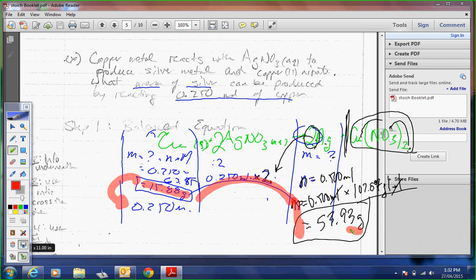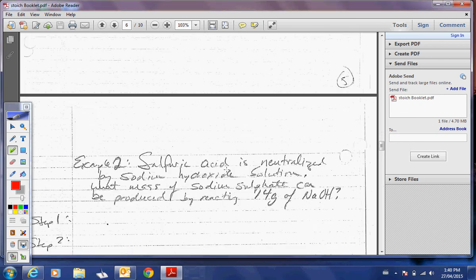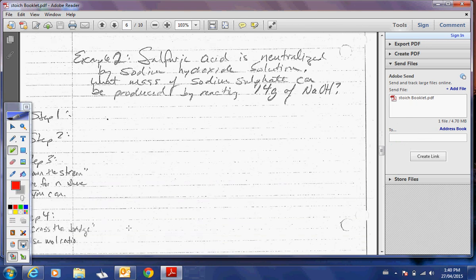I'm sensing you're okay. Is there a second example on this sheet? Okay. Try this example on your own for 3 minutes, and then I'm going to put the answer on the board and see how you've done.